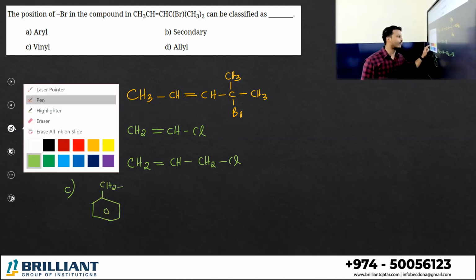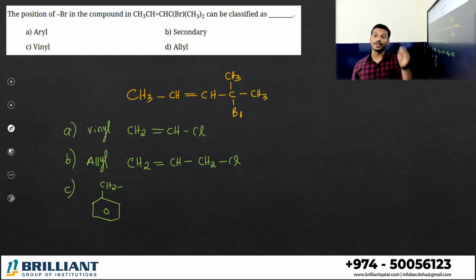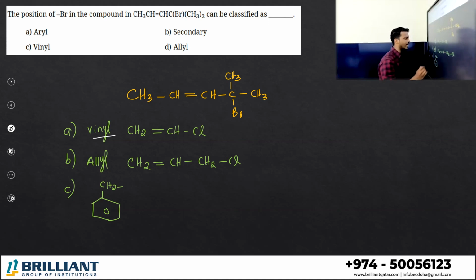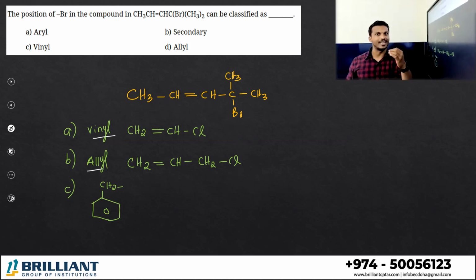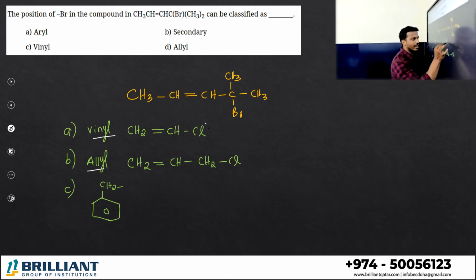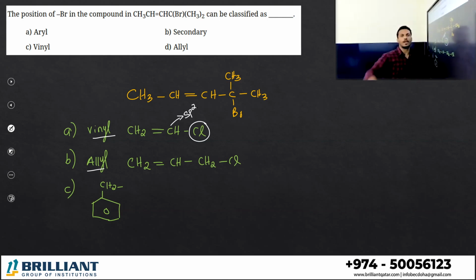How can we identify it if the exact group is not given? Please don't expect vinyl, allyl, benzyl as the same compound. You can check it through hybridization. In the vinyl group, the halogen connected carbon is a double bonded carbon, therefore sp2 hybridized. The nearby carbon is also double bonded, sp2 hybridized.